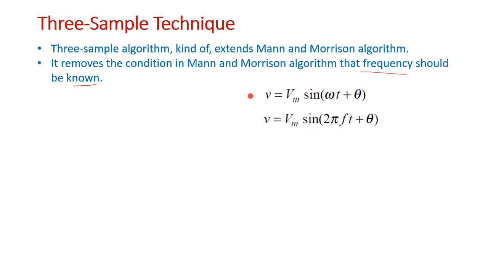The signal is V equal to Vm sine of omega t plus theta. Substituting omega equal to 2 pi f, we can write it as Vm sine of 2 pi f t plus theta. Here we have 3 quantities to be estimated: one is Vm, then f, then theta, the phase angle.